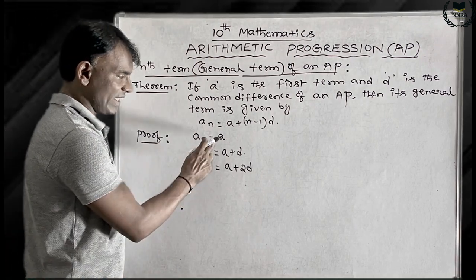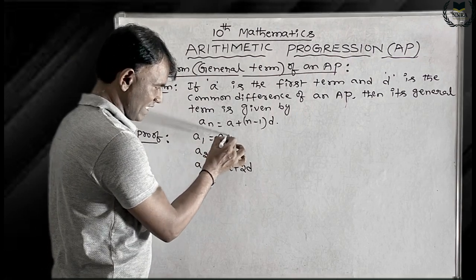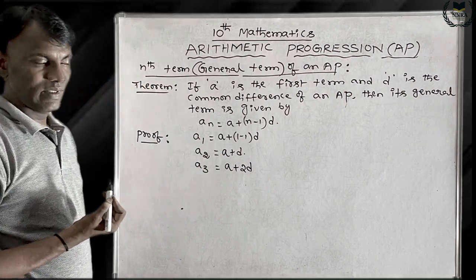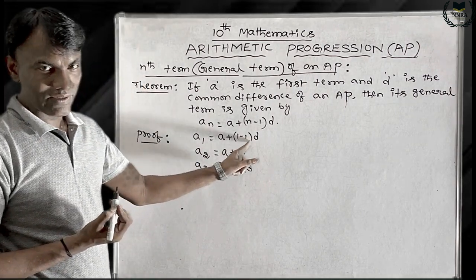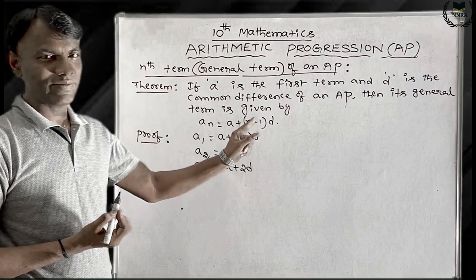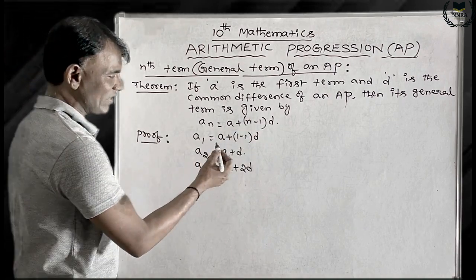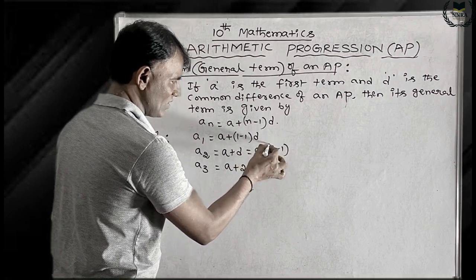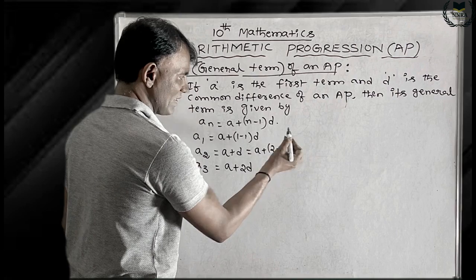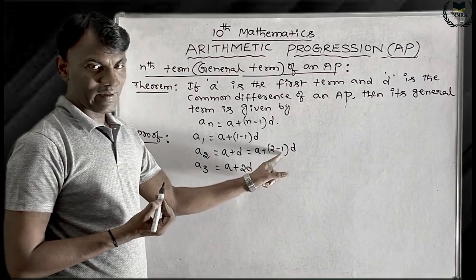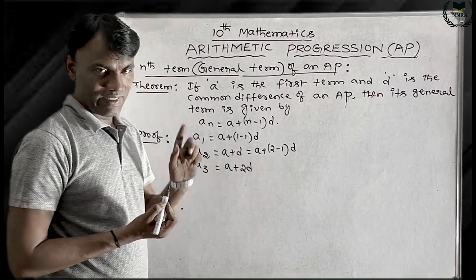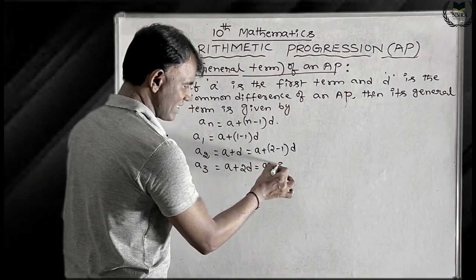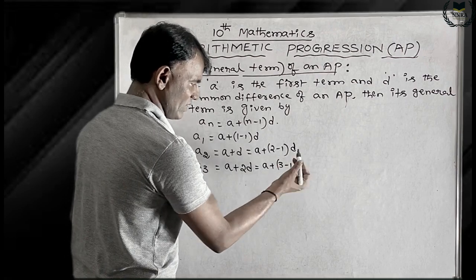So if you take the first term a, it can be written as a plus (1 minus 1) into d. 1 minus 1 is 0, 0 into d is 0, so a plus 0 is equal to a. Coming to the second term, a plus (2 minus 1) into d. 2 minus 1 means 1, 1 into d is d, so a plus d. And for a3, a plus (3 minus 1) into d.